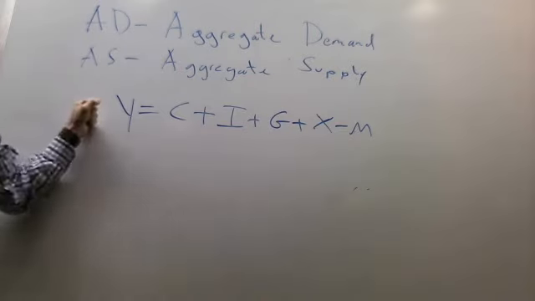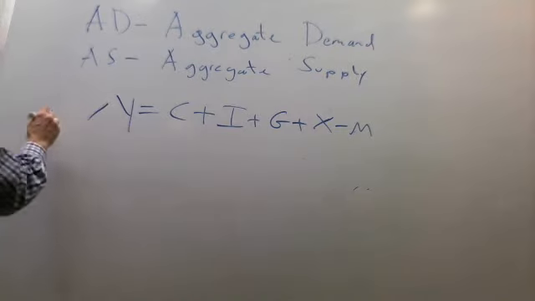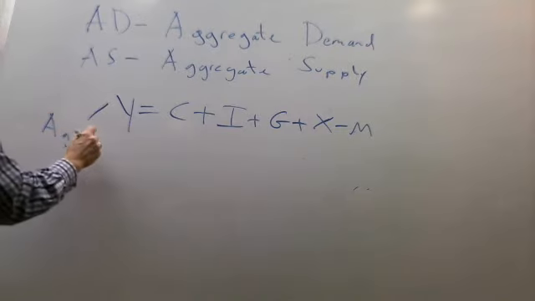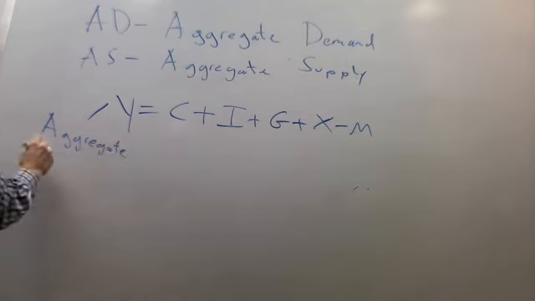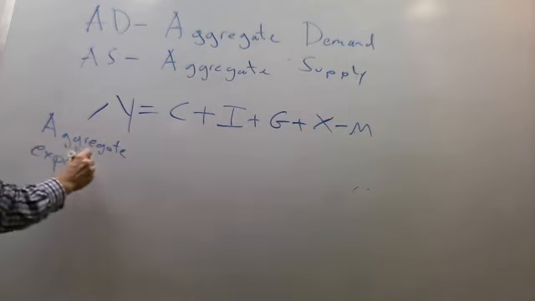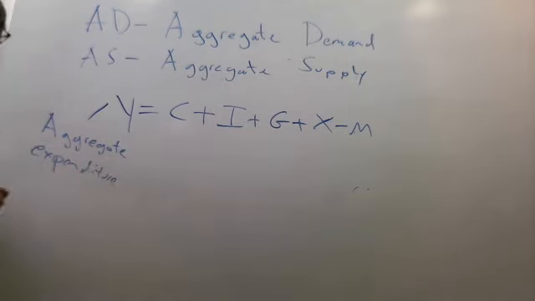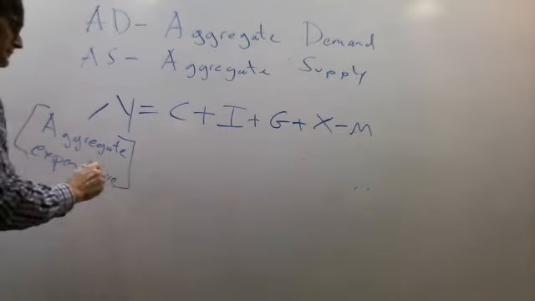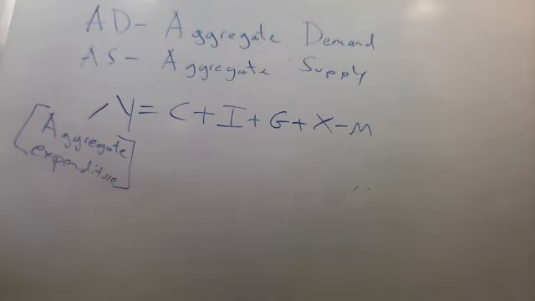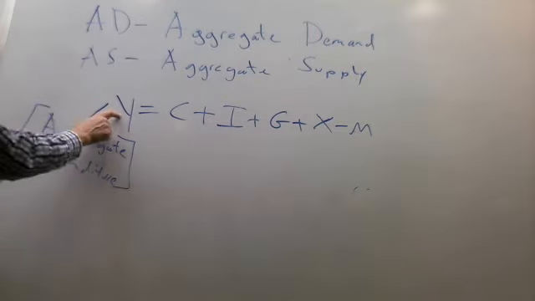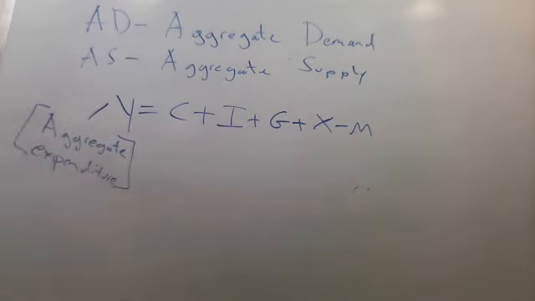This is the aggregate expenditure equation. I'm going to use this term expenditure. If you just want to think about this as aggregate demand, then that's just fine in this class as well. Basically, it tells you about the different components of aggregate demand, where Y is equal to our GDP.